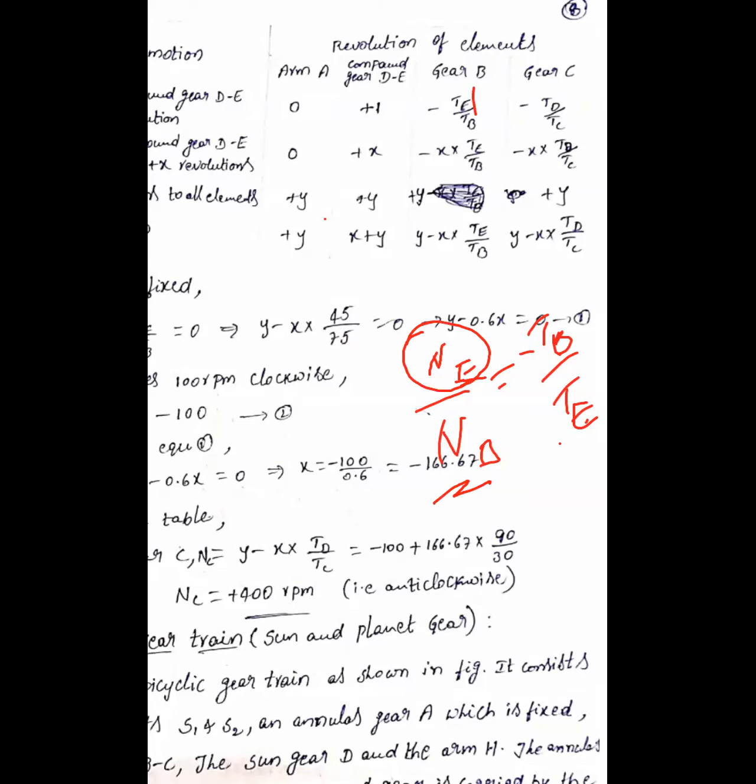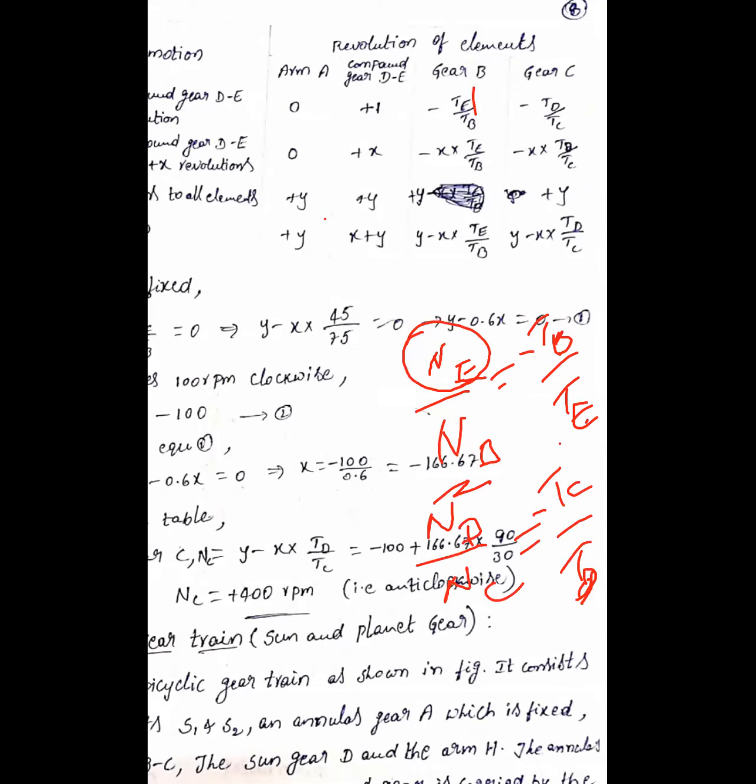Similarly, to write NC, the gear C value: gear wheel C is meshed with D, so ND is the driver. ND by NC equals minus TC by TD. Again there is a negative sign, because D is rotating anti-clockwise and C is rotating clockwise.